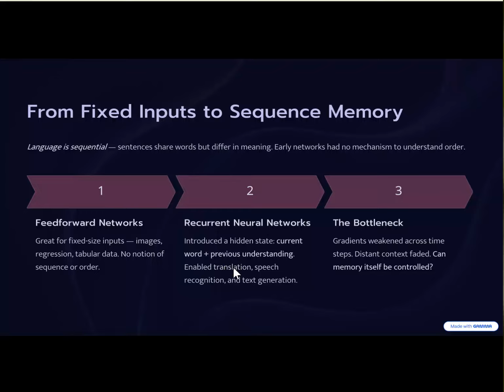Unfortunately, RNNs struggled with long sequences. During training, gradients had to travel through many steps. Through these many steps, signals weakened and the information started to fade. Effectively, it forgot the distant context. Okay. Now the question is, can memory itself be controlled?